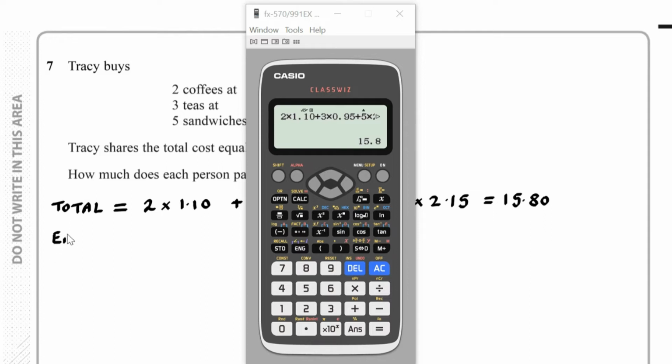So the amount they would each pay, if they split it equally between 5 people, we've got 15.80 divided by 5, which is equal to 3.16.